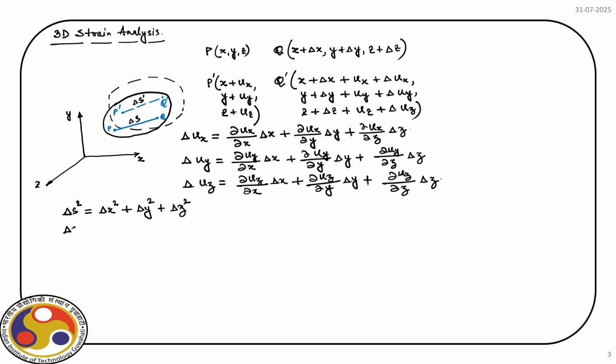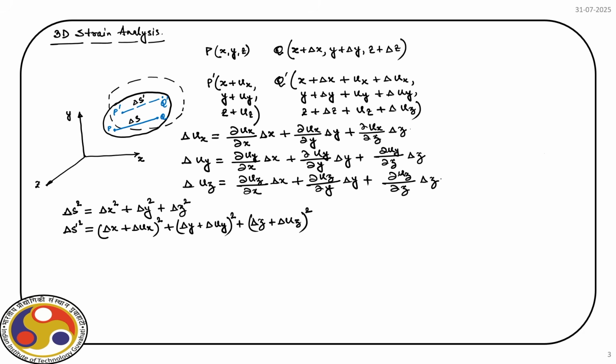Similarly, delta S prime square is equal to, we have delta x plus delta ux whole square, plus delta y plus delta uy whole square, plus delta z plus delta uz whole square, right.